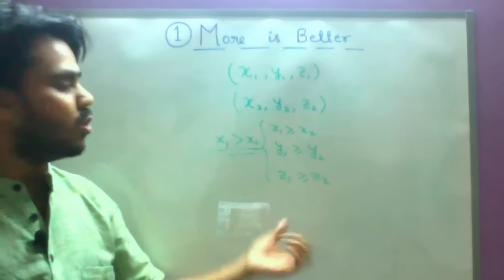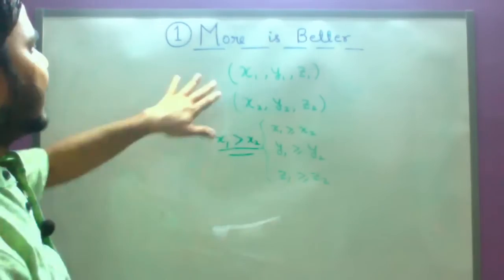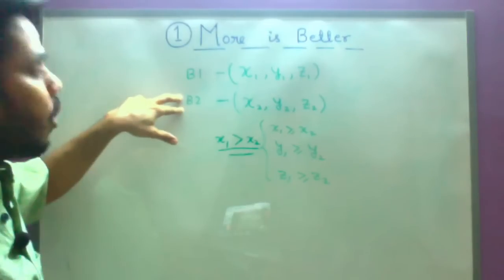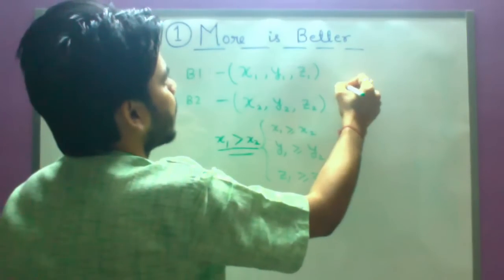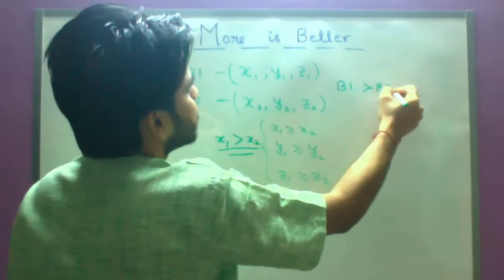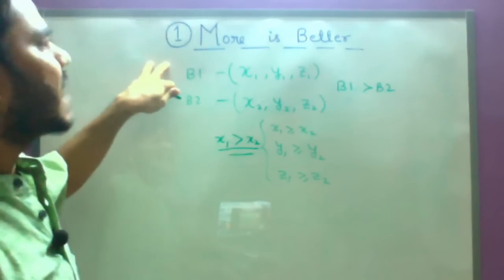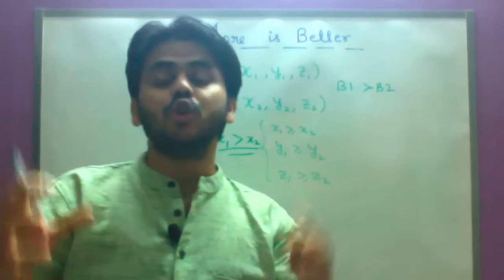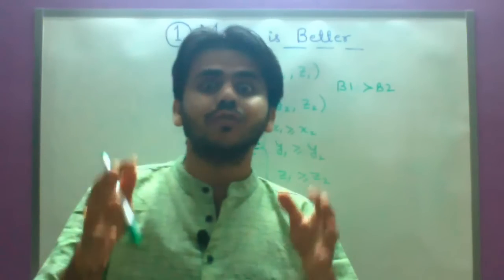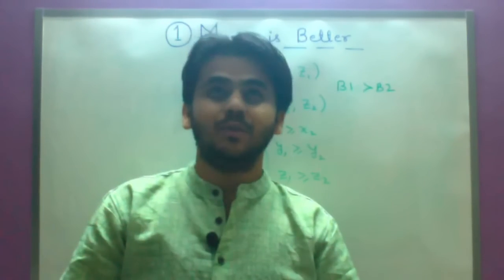Now if this is the condition of more, it will be better, which means that, let's say this is your bundle 1 and this is your bundle 2, I will always prefer bundle 1 to bundle 2. The reason is more is better. It's as simple as this. Now we also call this the monotonicity of preferences, or simply monotonous preferences.